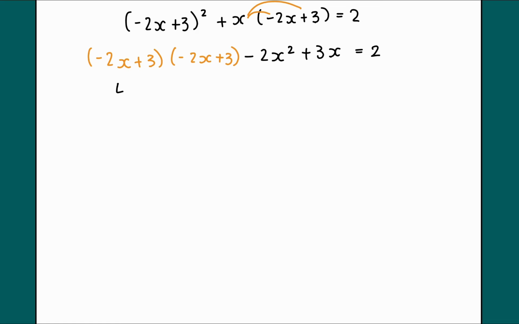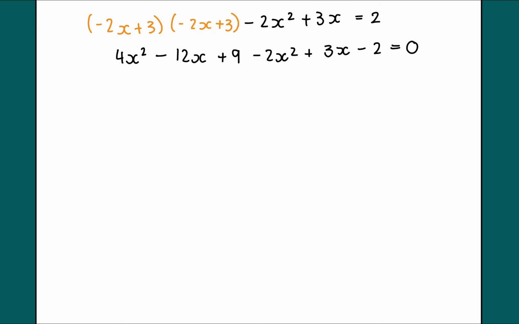So I would then have 4x squared plus, and that would then become a negative, and remember this would then become negative 2x times 3, which gives us 6x, minus again, so negative 12x, plus 9, and then I just write the rest of the equation as is, and because I can see that there's an x squared, I'm going to bring over that 2 and make it equal to 0. Because remember, whenever you have an x squared, you bring everything over to one side and you make it equal to 0.